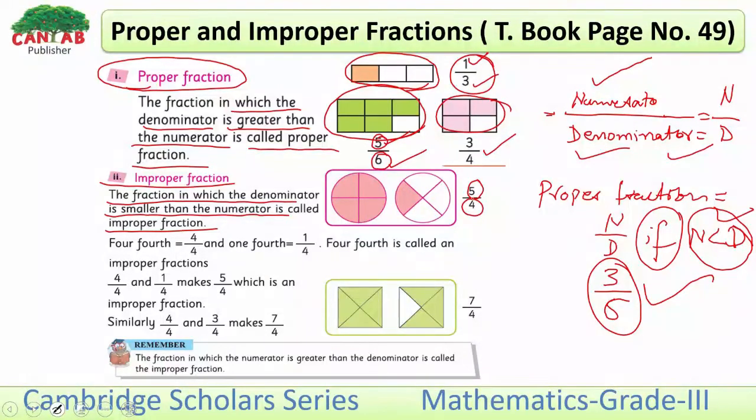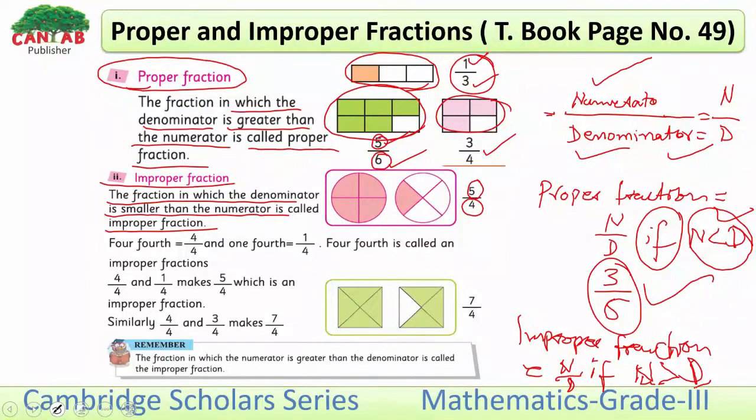So you can write here for improper fraction, that is equal to n over d, if you fulfill this condition, n is greater than d or d is less than n. So n for numerator and d for denominator.